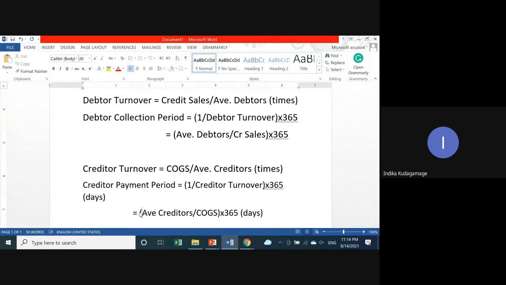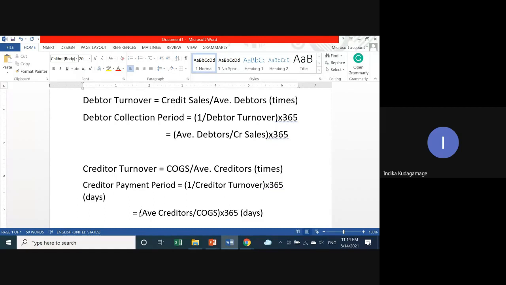This indicates on average, firstly, how many times per annum you settle your creditors. Or on average, how many days you take to settle your creditors. It should not be very short. Every 2 days, every 7 days, I pay. No. It can be a reasonable period.